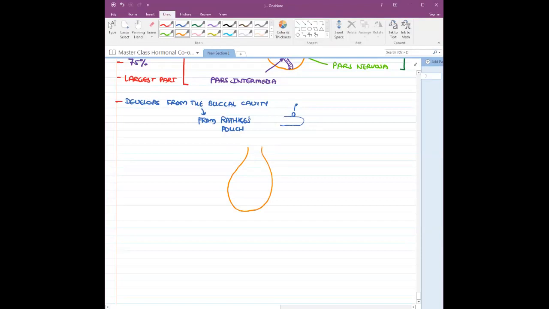Okay, so once again, guys, in your adenohypophysis, first of all, out over here you are going to see a small collar-like structure, right?